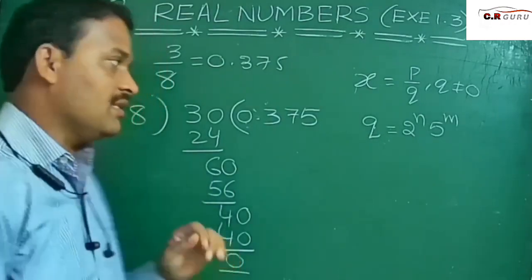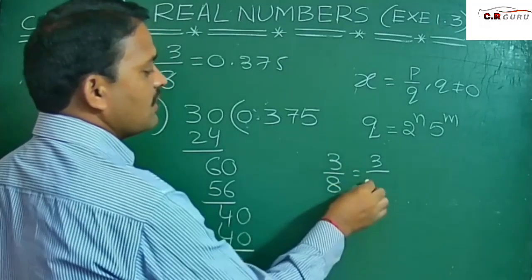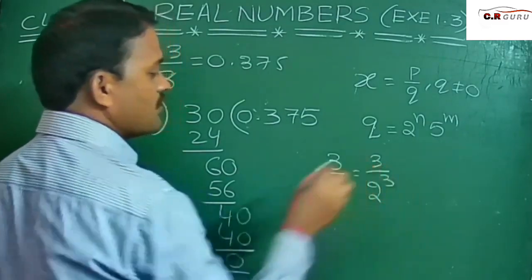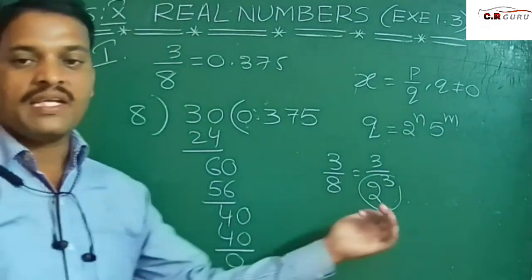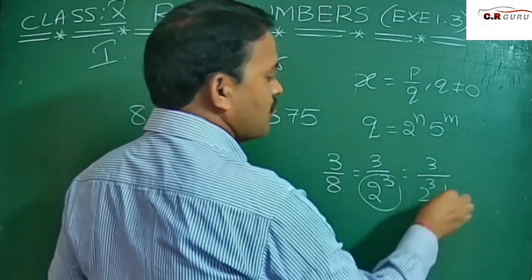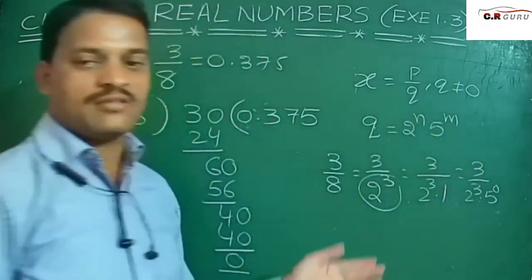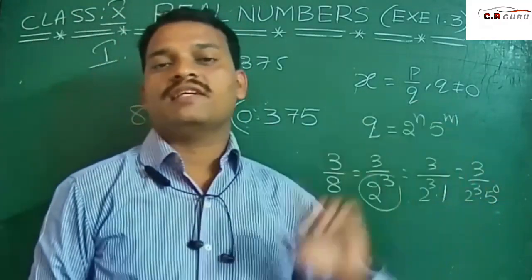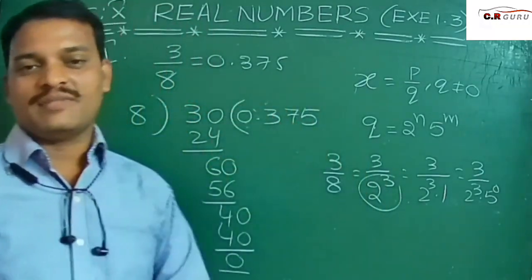In 3 by 8, the denominator can be written as 2 cube. So the denominator is in the form 2 power n into 5 power m. Here 5 is not there, but it can be written as 3 by 2 power 3 into 5 power 0. That's why this decimal is called a purely terminating decimal, students.